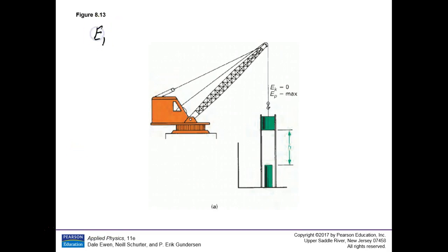Kinetic energy, E sub K, plus potential energy, E sub P, whether it's gravitational potential, spring potential, elastic potential, whatever kind, the sum of those two is equal to mechanical energy. And they probably are going to call it E sub M or E sub T for total energy. Okay? They usually use one of those terms.